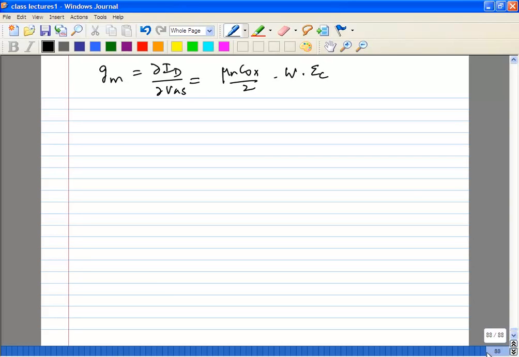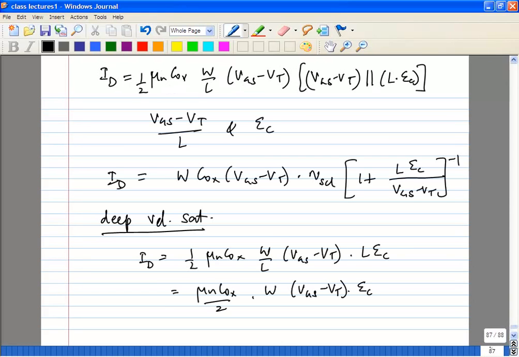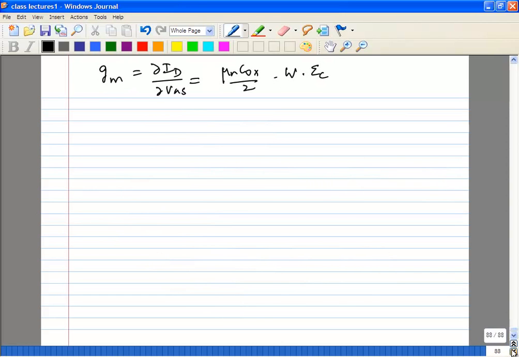You only have a linear relationship, so your GM no longer depends on your VGS minus VT. It only depends on the width. What about your CGS? CGS remains the same, right? There's no reason to assume that the capacitance itself has changed.